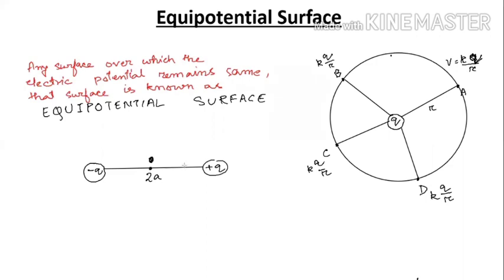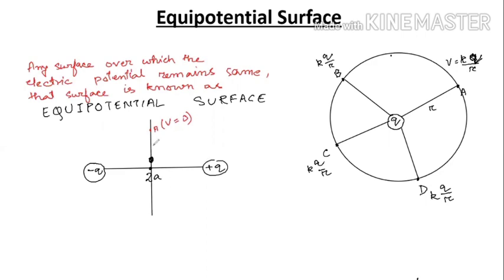If I draw a line which is passing through this point O, and you find the potential value at every point, say at this point A, due to this minus q and this plus q, you will find that the potential value is 0 here.